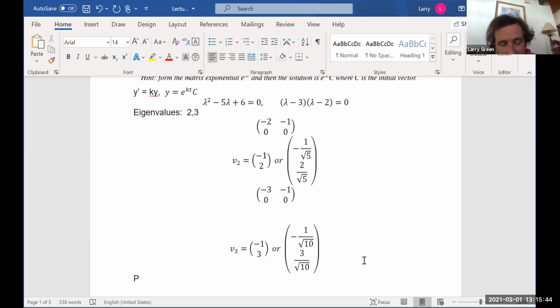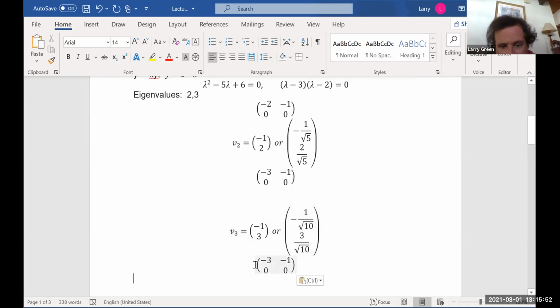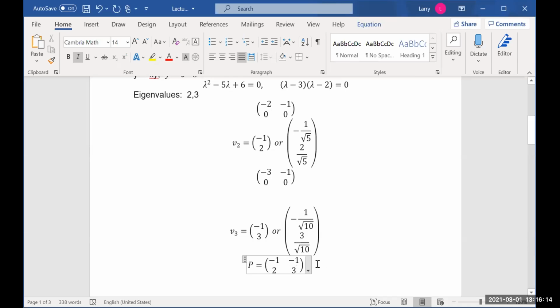So P, let's write this out. P is going to be the matrix of the vectors, and I'm going to use the easier ones: -1, 2 and -1, 3. This makes it a little easier. If we do not have an orthogonal matrix or a symmetric matrix, we don't have to use the normalized eigenvectors.